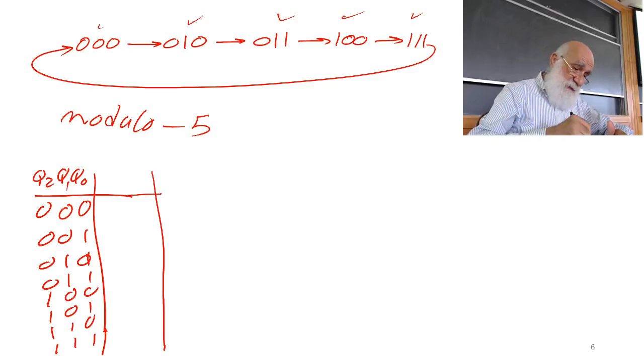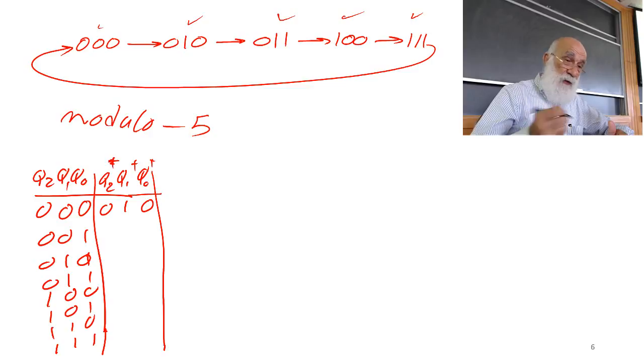If it's 0 0 0, Q2 plus, Q1 plus, Q0 plus become 0 1 0. Meaning this arrow. If it is 0 1 0, the next state is 0 1 1.